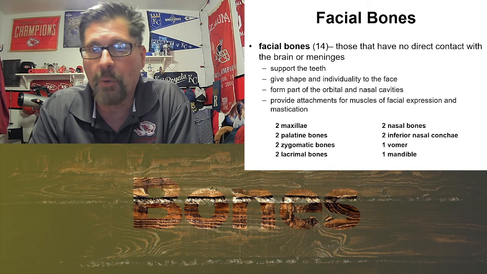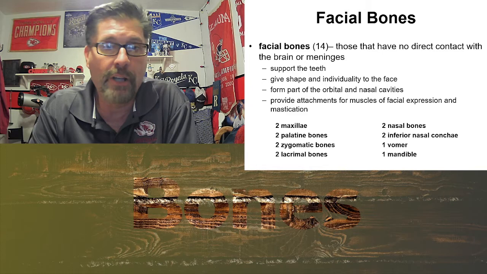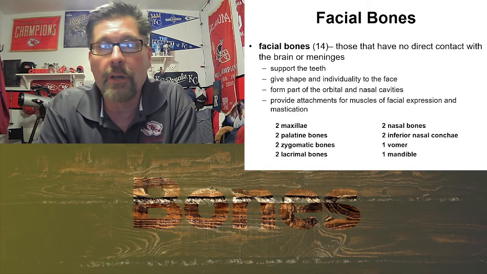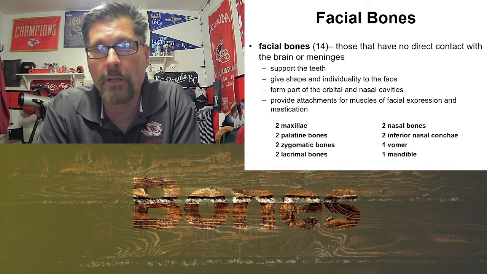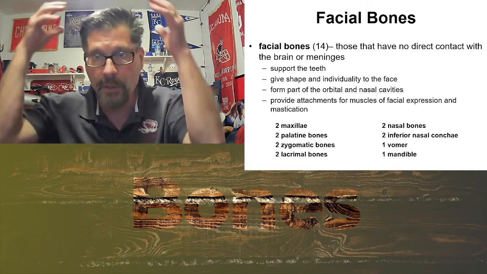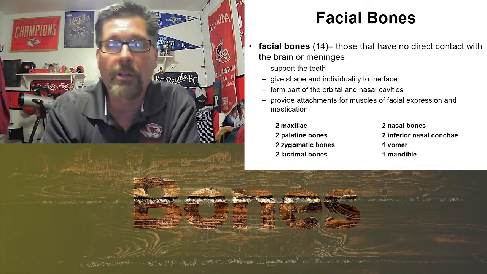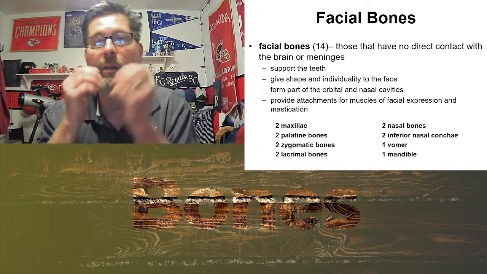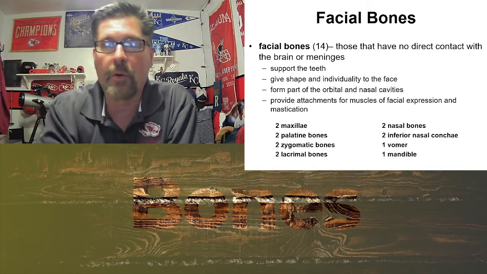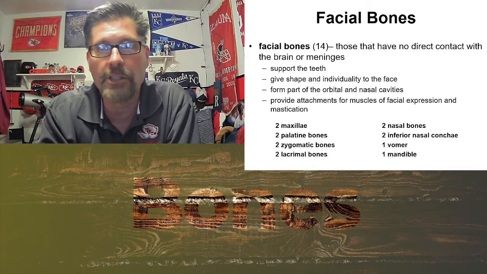And of course, the important thing to recognize about facial bones is we're talking about things that don't have direct contact with the brain or the meninges. So we're away from the cranial part, and now we're down in basically the front part, or what's right behind the skin and muscle.